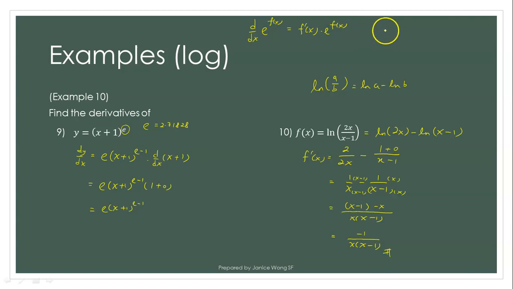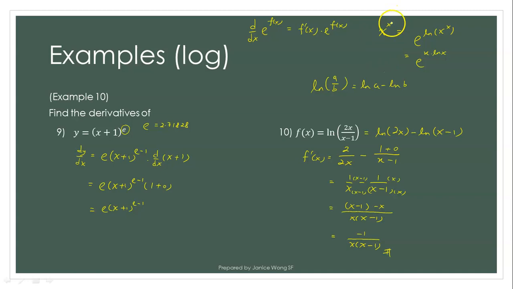If the function given is not base e, say x to the power of x, we need to convert it to base e by putting e to the power of ln of x to the power of x. And make sure you bring the power down in front of ln, where you will get e to the power of x times ln x.